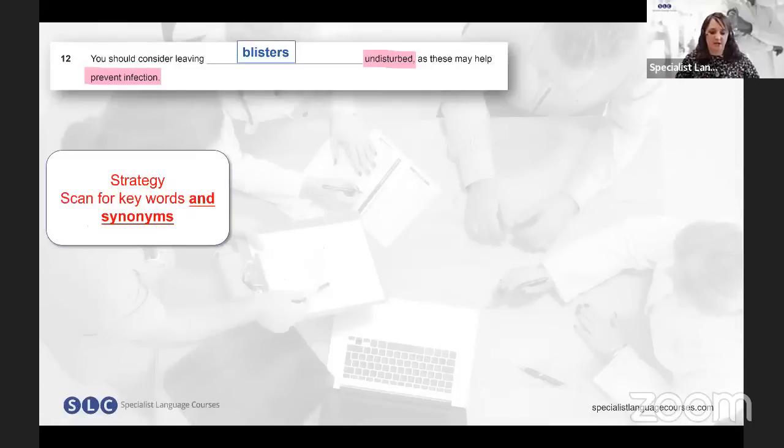So let's take a look at another example here. So we know our answer for number 12 is blisters. And we've got a couple of keywords to have a look for and scan for the synonyms. So we've got undisturbed. So we're going to look for a synonym for undisturbed and also prevent infection.